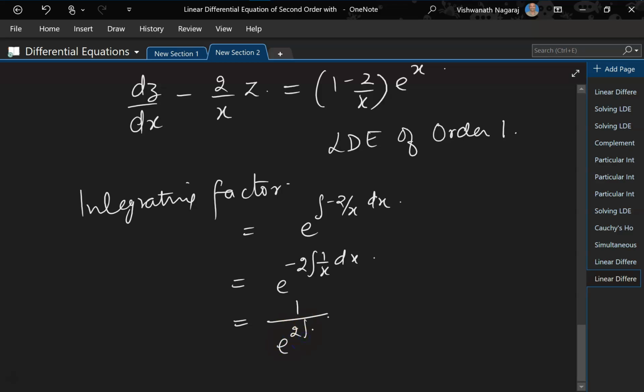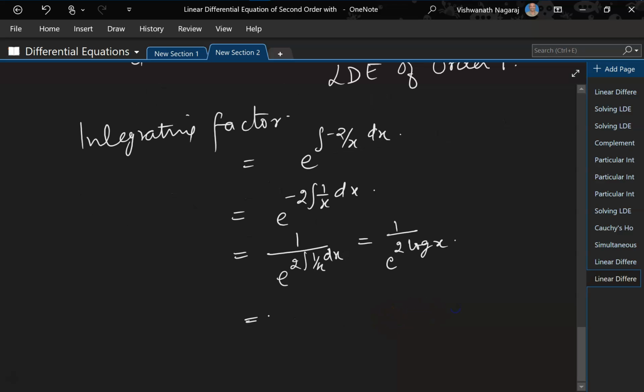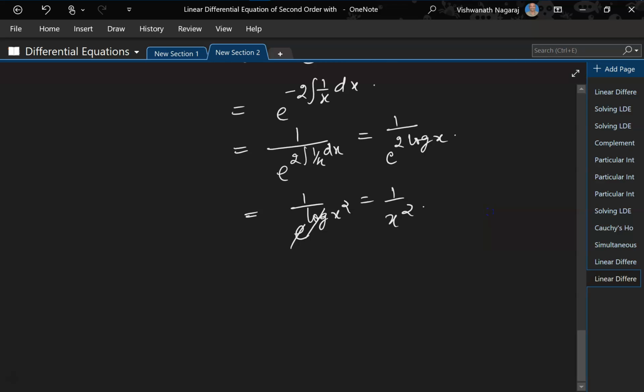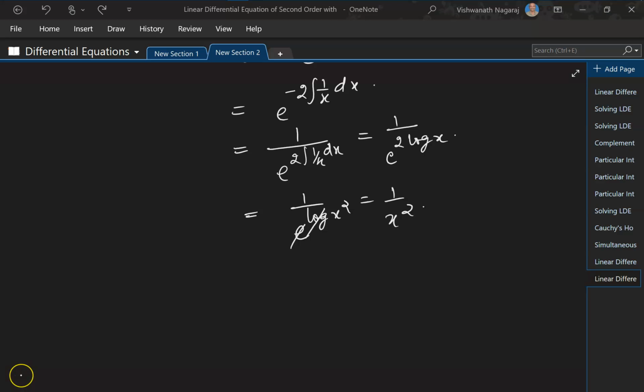So e to the power of 2 integral of 1/x dx, and the integral of 1/x is log x, which is equal to 1 by e to the power of log x squared, and the e and log cancel out, giving 1/x².